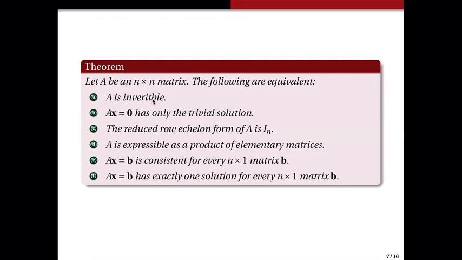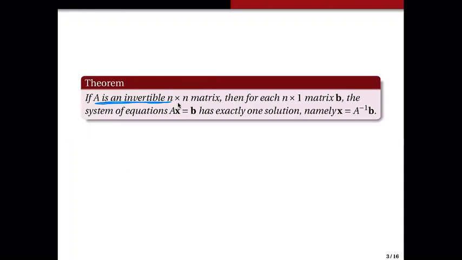Remember, A is invertible. Then this system will have exactly 1 solution. That's what we saw. If A is invertible, then for each n by 1 matrix B, the system has exactly 1 solution. Therefore, this system here is consistent.